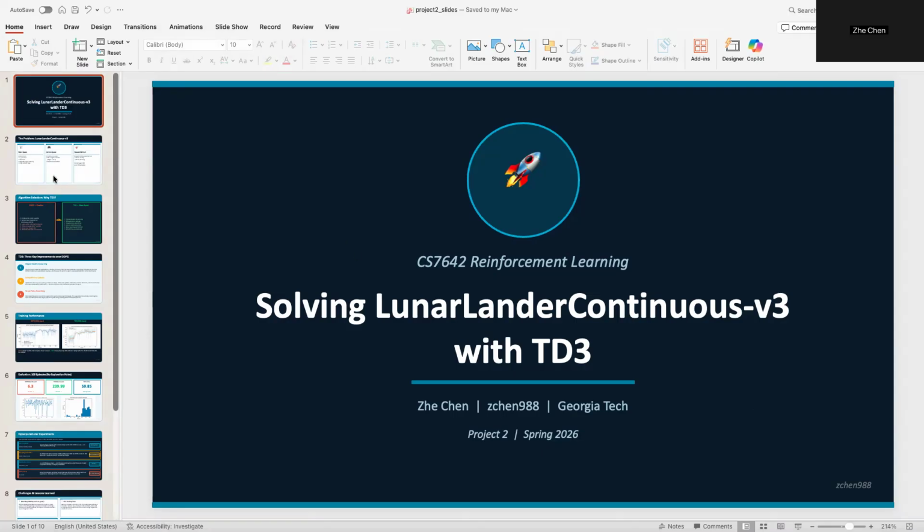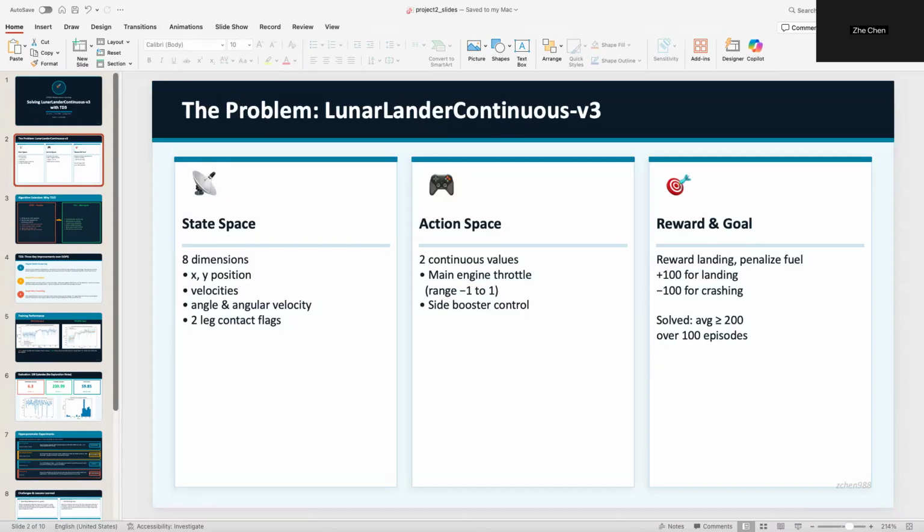So the problem. The goal of this environment is to land a spacecraft safely on the landing pad. The state space has 8 dimensions, including the lander's position, velocity, angle, and indicators showing whether the landing legs touch the ground. The action space contains 2 continuous controls, one for the main engine and one for the side booster.